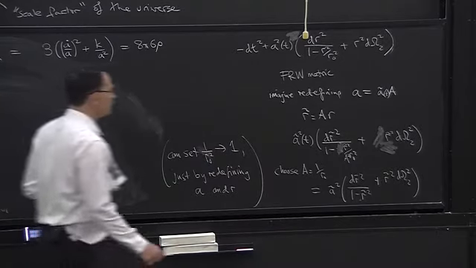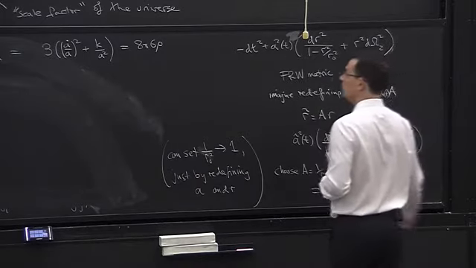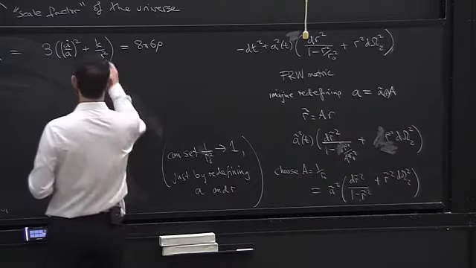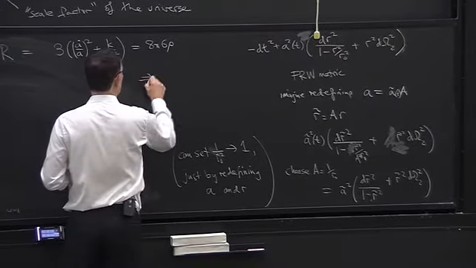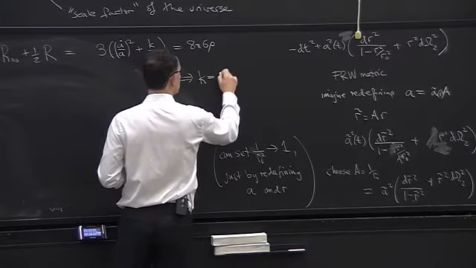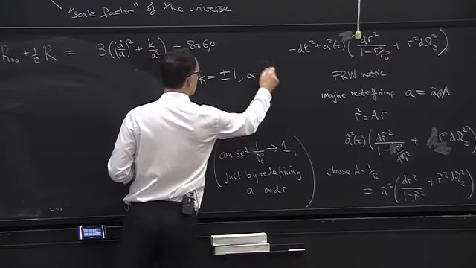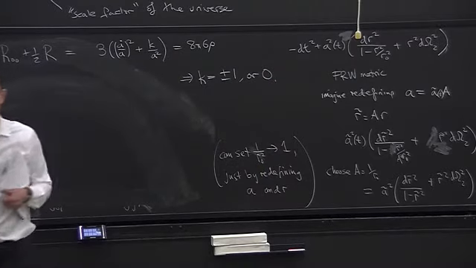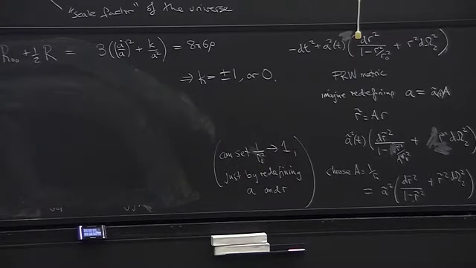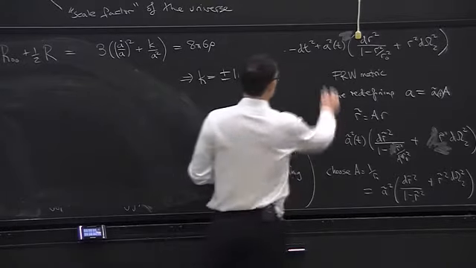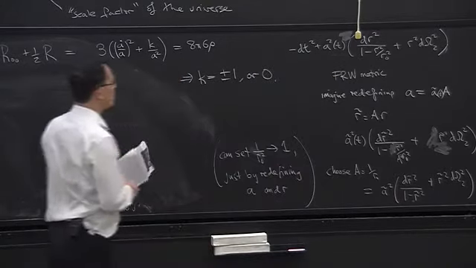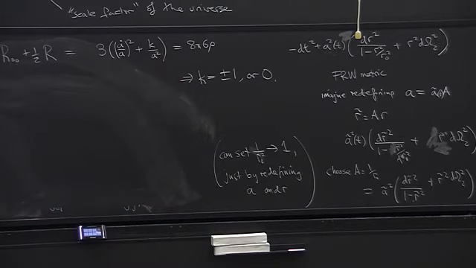Okay, so often in books, you will find this equation where K is plus or minus 1 or 0. And you can do that. There's nothing wrong with doing that. You can just choose coordinates so that K is either plus or minus 1 or 0. Doing so just amounts to a redefinition of the scale factor of the universe.